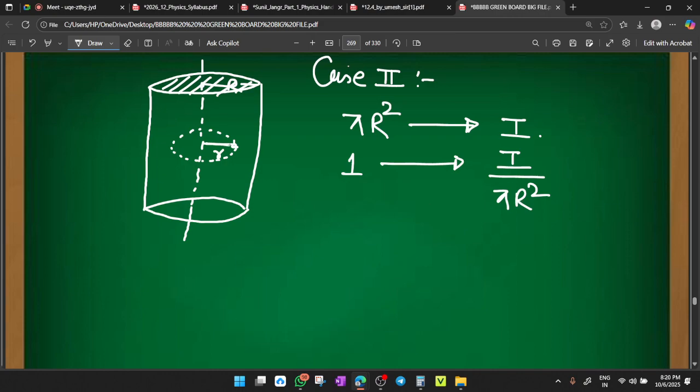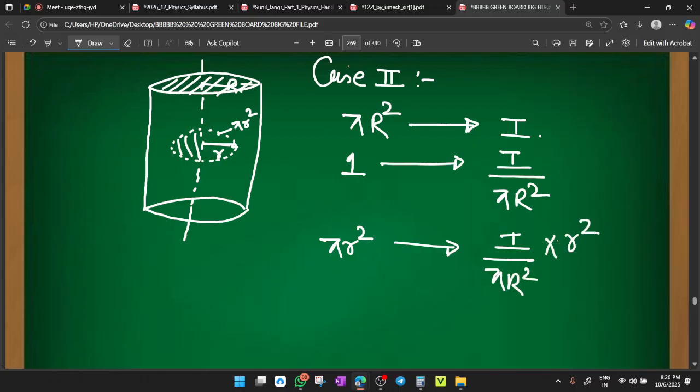So the area of small r radius will be pi small r square. If unit area conveys the current of I upon pi R square, then the pi small r square area will convey a current of I upon pi capital R square multiplied by pi small r square, right?